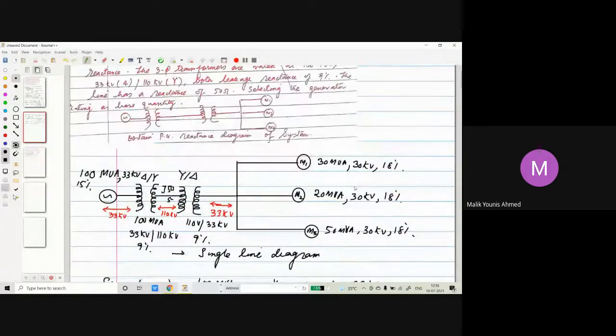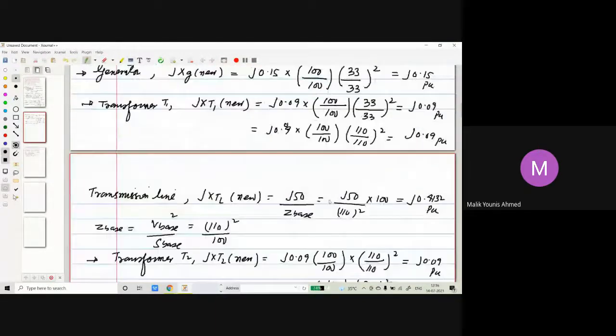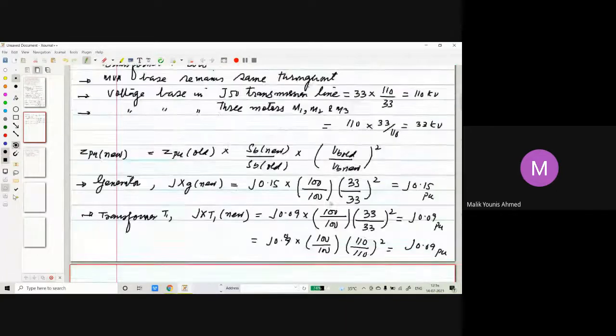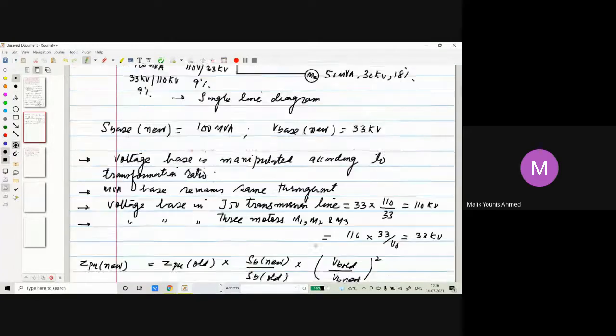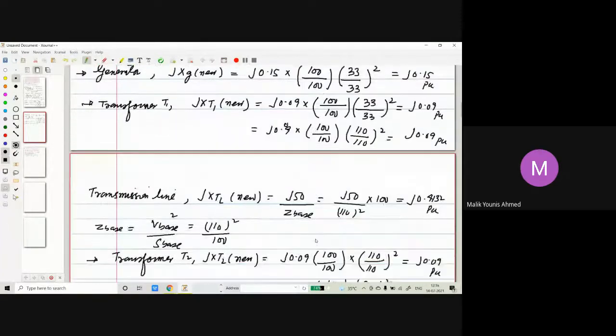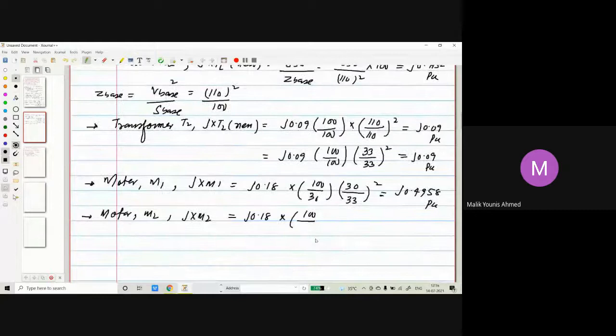So now it will be 20, because the S base value for this motor is 20. S base new is the same, and the base value is the same, it is not going to change. So this will come out to be J 0.7418 per unit.